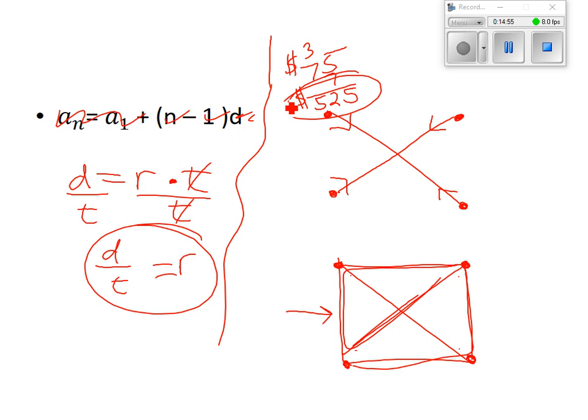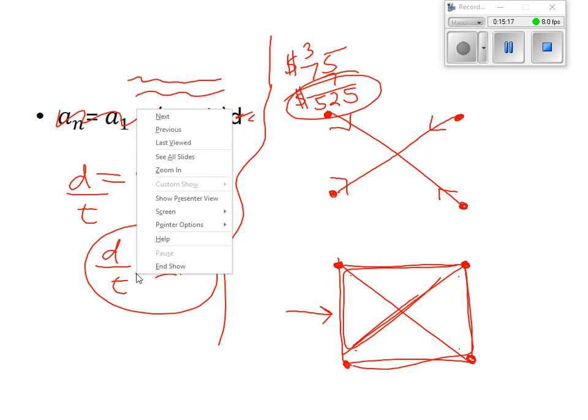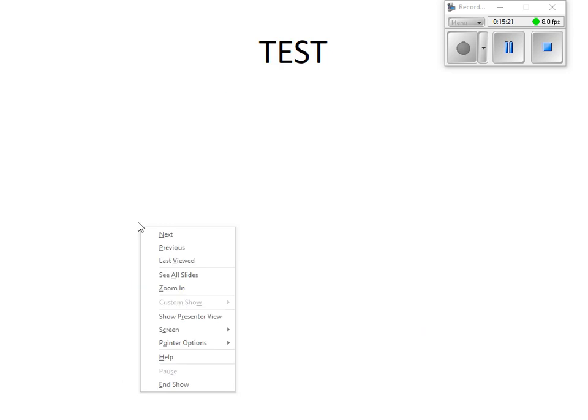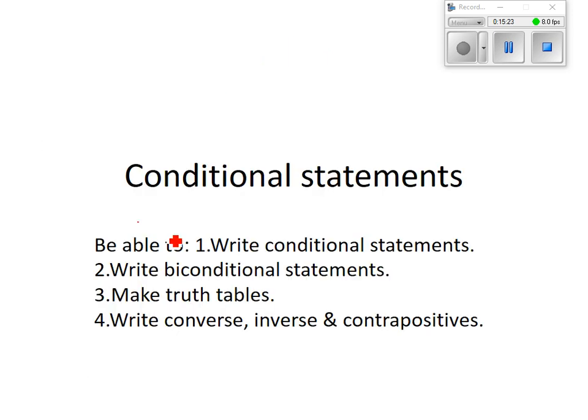So when we come to a statement, she might want to write something out next to a statement that helps her to understand it. That's the whole point of this. The test, we'll talk about the test when we get done.